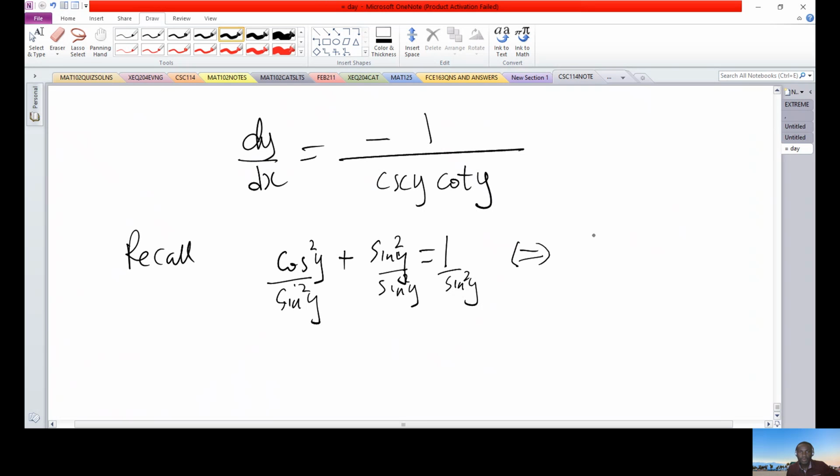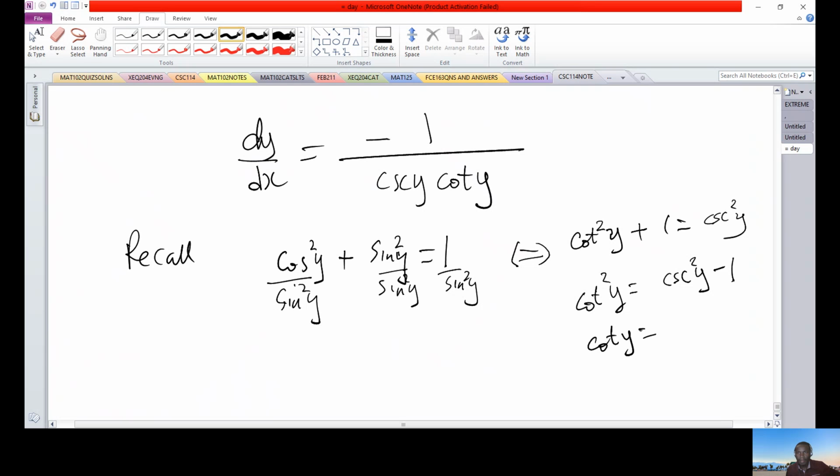This gives you cot squared y plus 1 equals cosec squared y. So which tells you that cot squared y is cosec squared y minus 1.